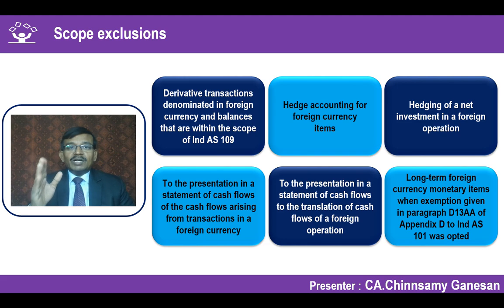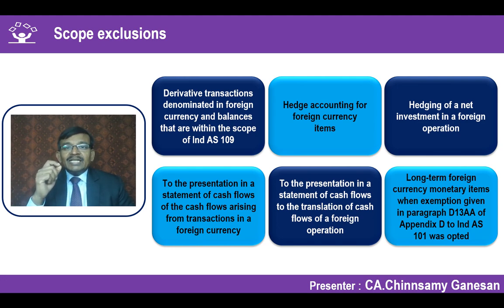Okay, this is what is given as an exemption or option in paragraph 46A of AS 11. If an entity has opted for it, it is an irrevocable option. That means it has to restate all the long-term foreign currency monetary items, both assets and liabilities, and take that only to reserve. It cannot charge it to the P&L account subsequent to the adoption of the option. It is an irrevocable option as per AS 11.